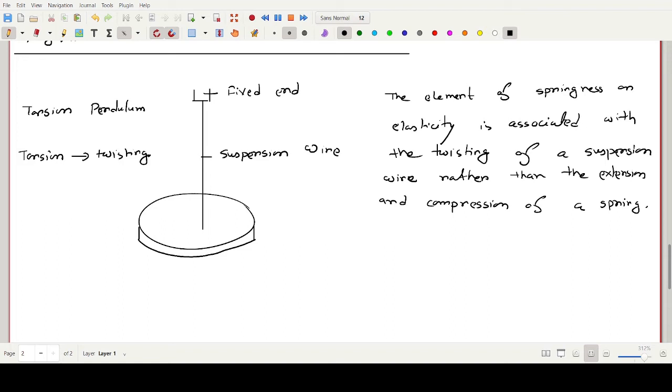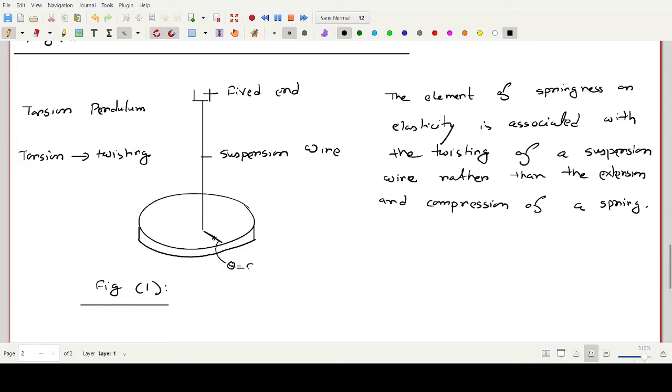Now if we rotate this disc in figure 1 by some small angular displacement theta, let's say this line is our reference line, and when the line is here, the disc is at theta equals 0 position.